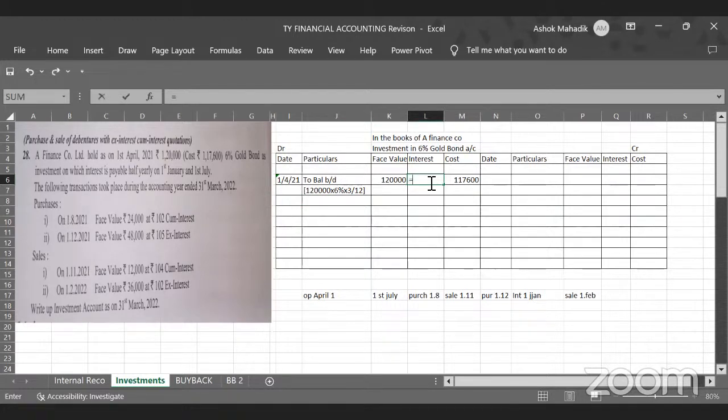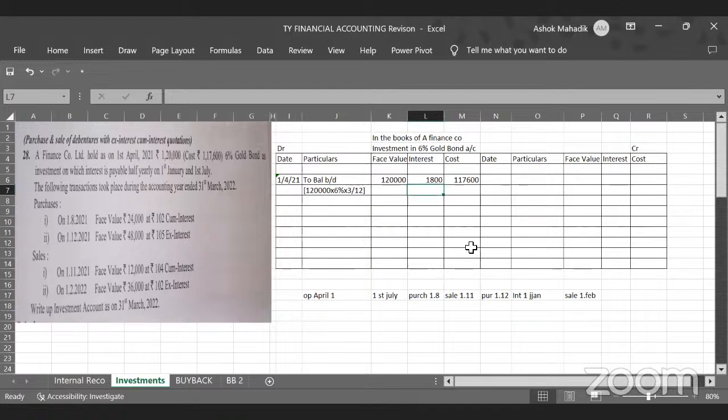I'll do it: 1,20,000 into 0.06, that's 6%, into 3 divided by 12. We are getting 1,800 as our interest. So always remember, whenever a security is given with some percentage, you have to calculate the interest in each transaction. Remember this.